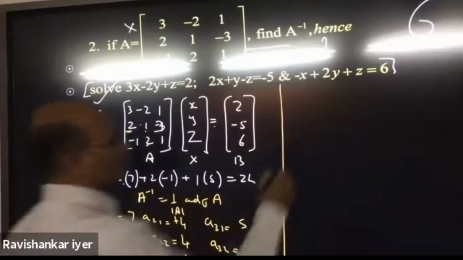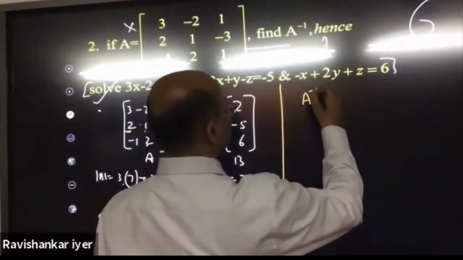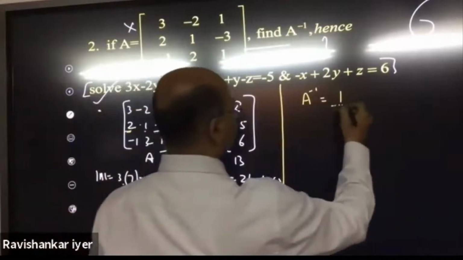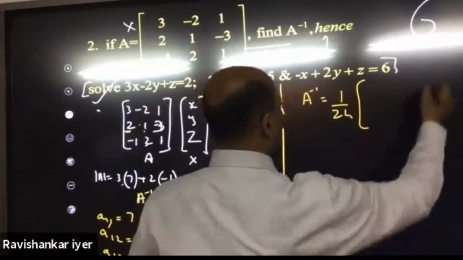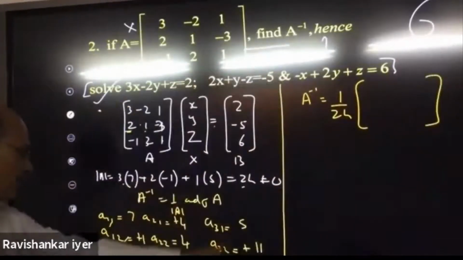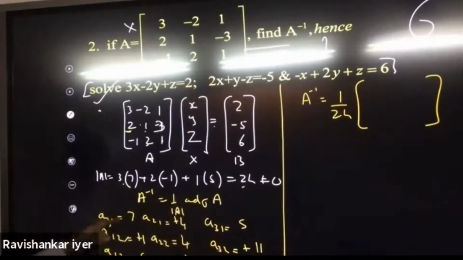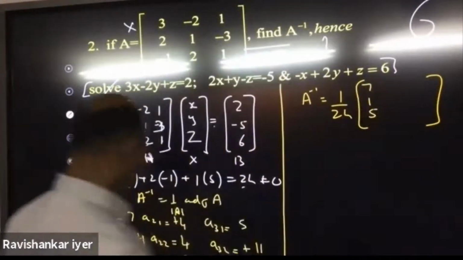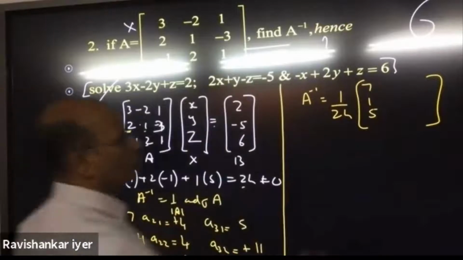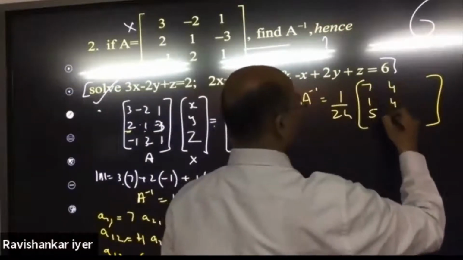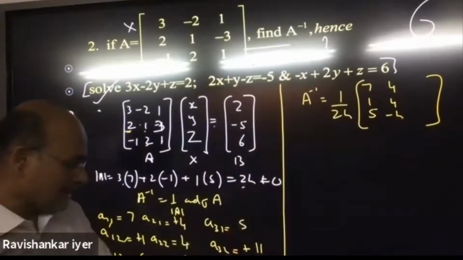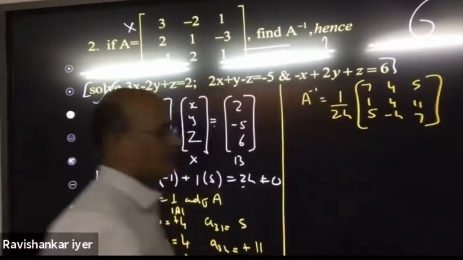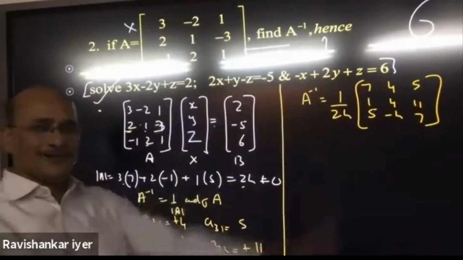So A inverse is nothing but 1 upon the determinant which I just now found, into the adjoint of A. Adjoint of A, remember this working: 7, 1, 5, 4, minus 4, and 5, 11, 7. Thank God I got my work done.